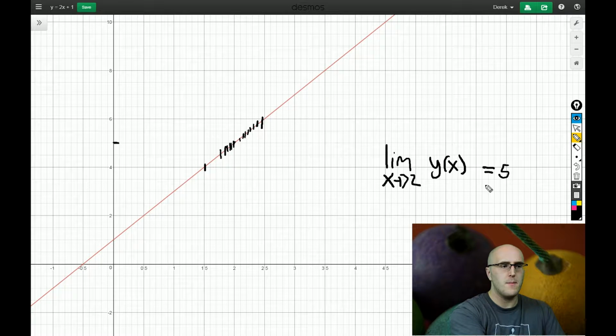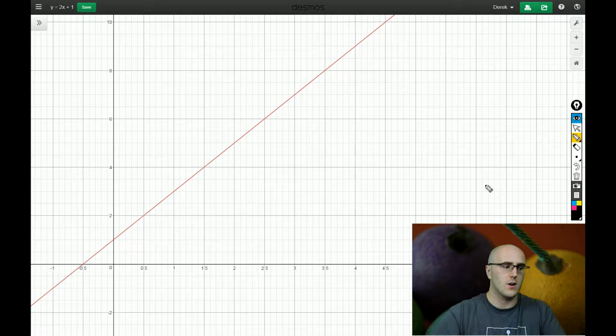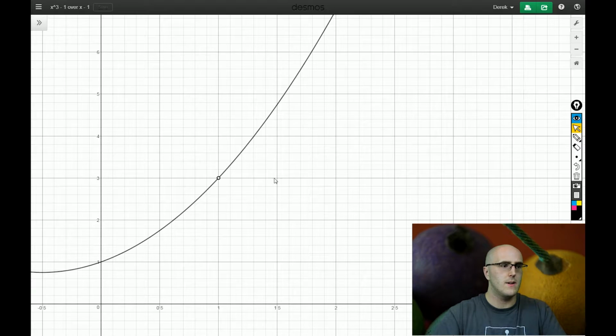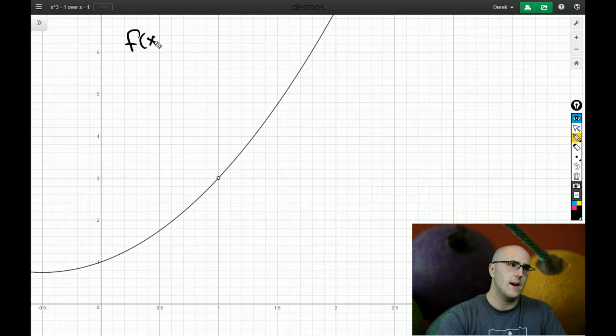But the problems that arise come with more complicated functions. For example, how about this one? This is the function f of x is equal to x cubed minus 1 over x minus 1.